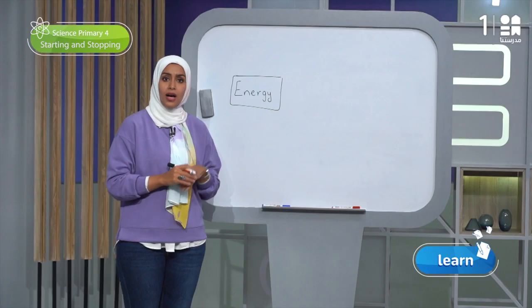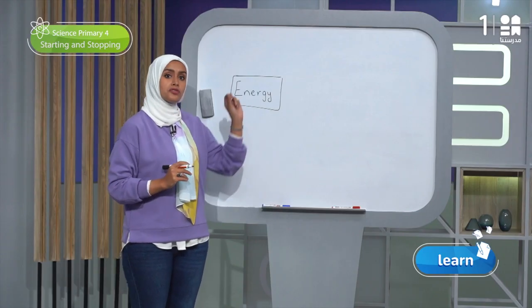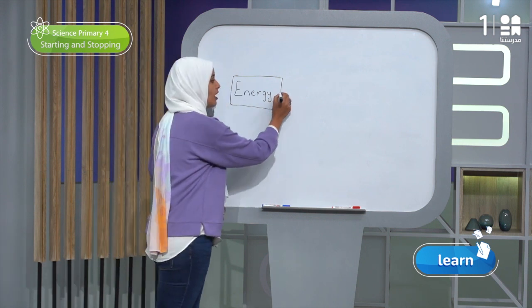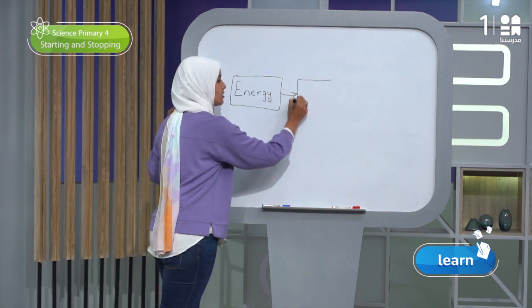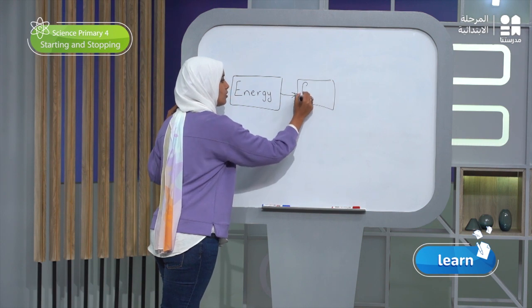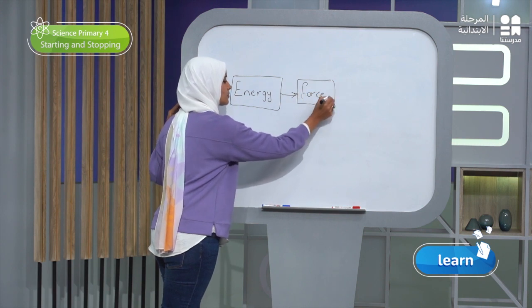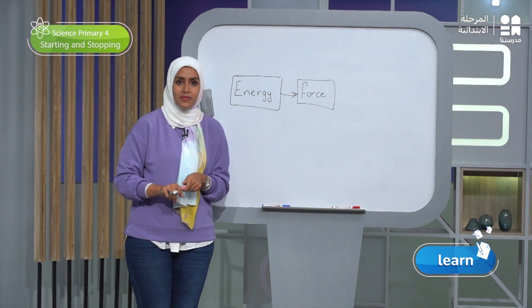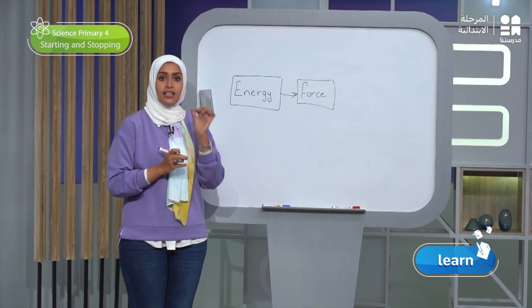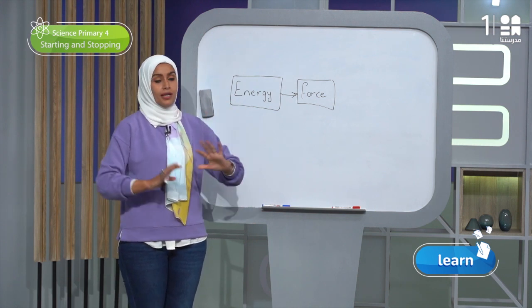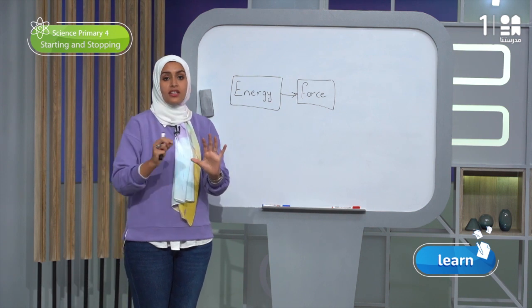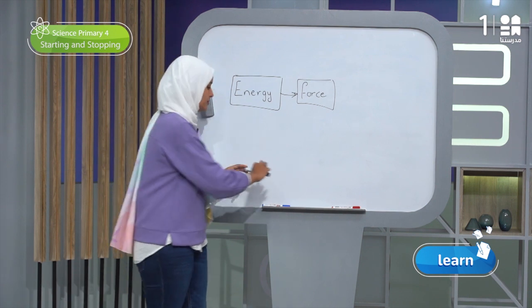I'll draw an arrow out of the energy which causes force. لو أنا عندي energy يبقى هقدر أعمل force. So the energy causes force. Then an arrow shows that force causes work. لما بعمل force هيحصل change. This means إن أنا كده عملت work.